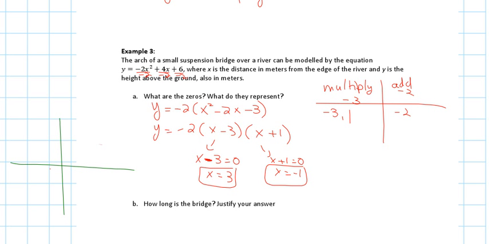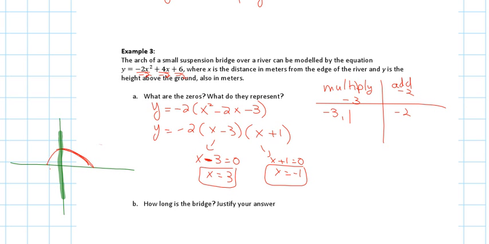So basically my y-axis is my river. So the edges, basically what are the zeros and what they represent. I'm looking at this: this is at 3 and this is at -1.